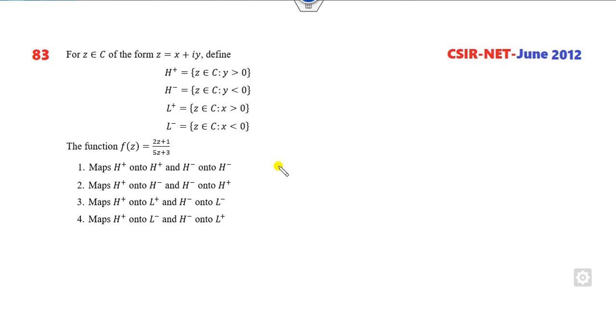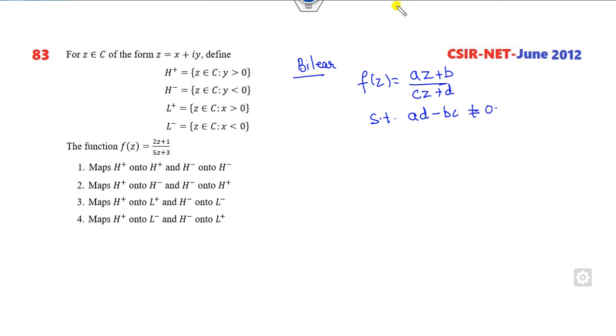Okay, look at this, this is my bilinear mapping. So remember, whenever you have this mapping with A, B, C and D such that AD minus BC is non-zero, look at the Mobius transformation over here.